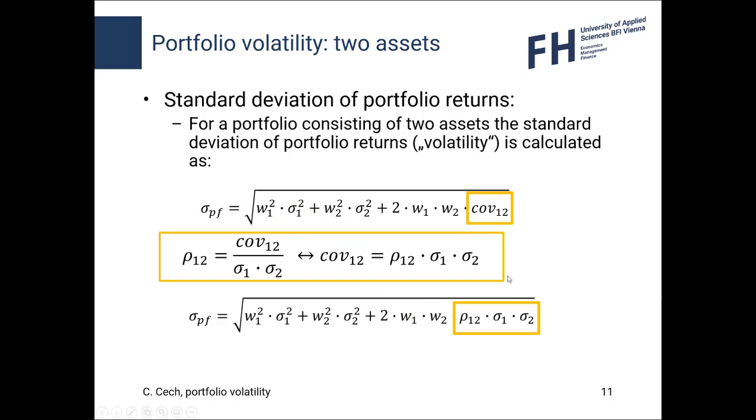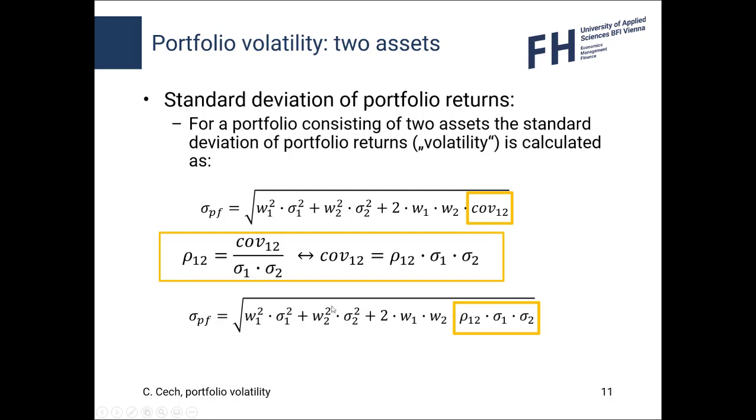You might remember that this is the formula to calculate the correlation when you know the covariance and the volatility of asset 1 and asset 2. So the correlation is always the covariance divided by the two respective sigmas.